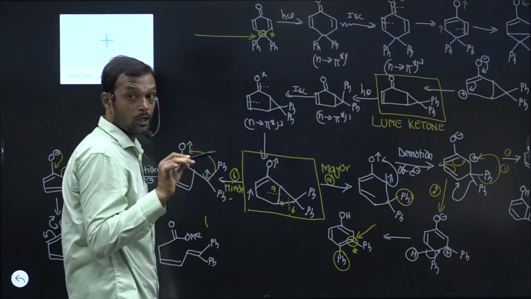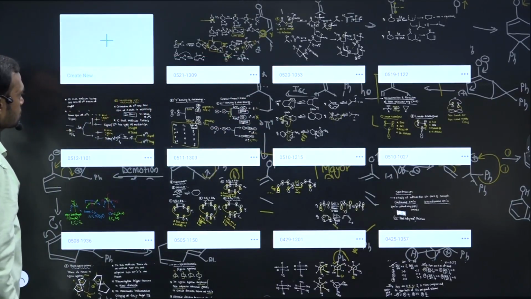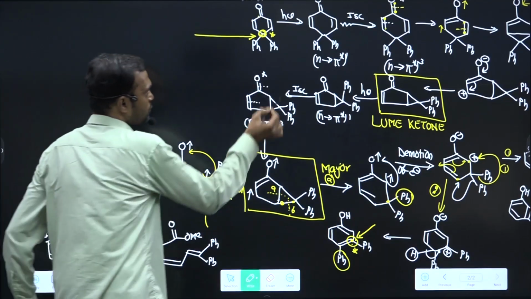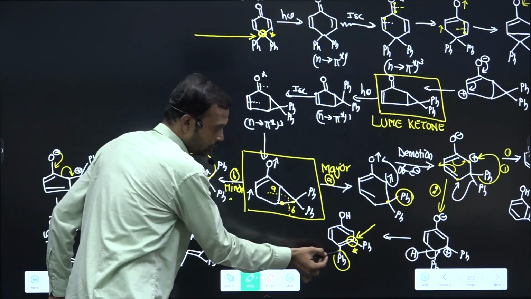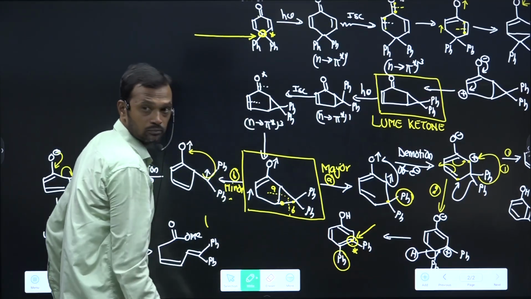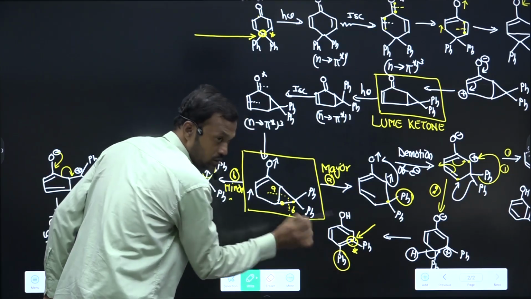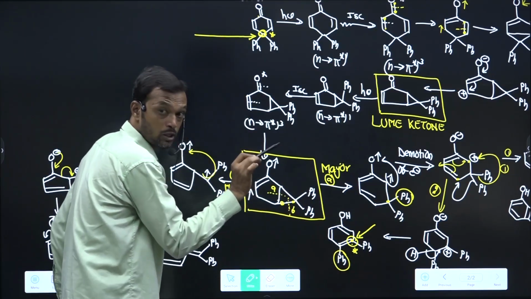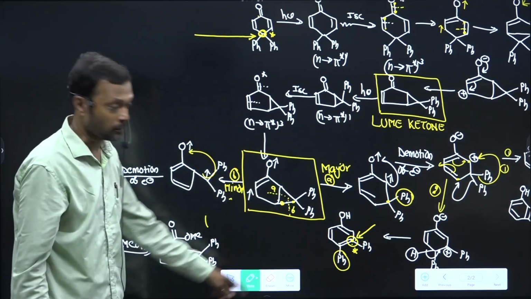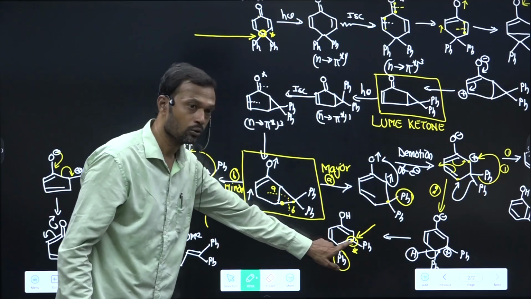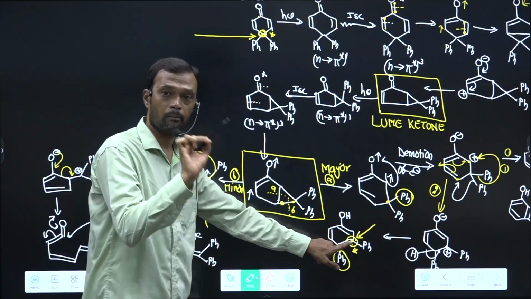Wrong. What happens, see, suppose you assume that this carbon is this one, then what will you think? You will think that this phenyl is the migrating group. It is migrating from here to here, generally. But actually what is the migrating group? This phenyl is the migrating group. Actually it is migrating from meta position to which one? The group is migrating from meta to para, meta to ortho.